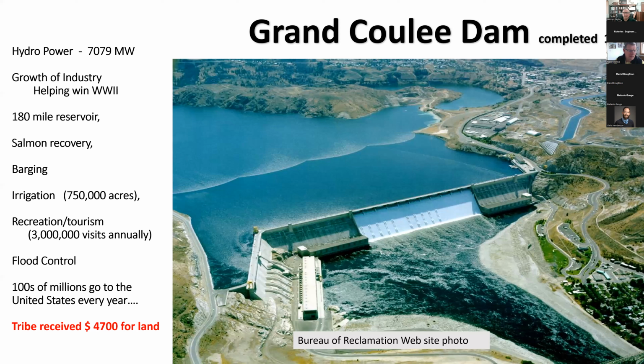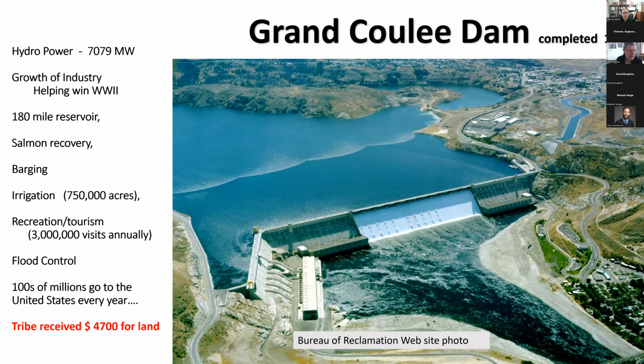And in all fairness, I have to say, Grand Coulee contributes billions every year to the economy and to the hydropower, to industry, the water needed to flush salmon farther downstream to the ocean and help get them back. Barging relies on the water from behind Coulee Dam.